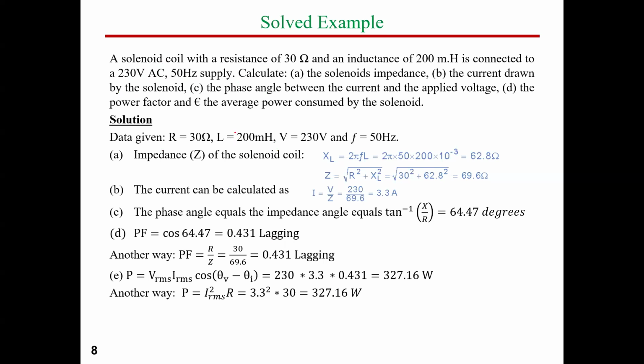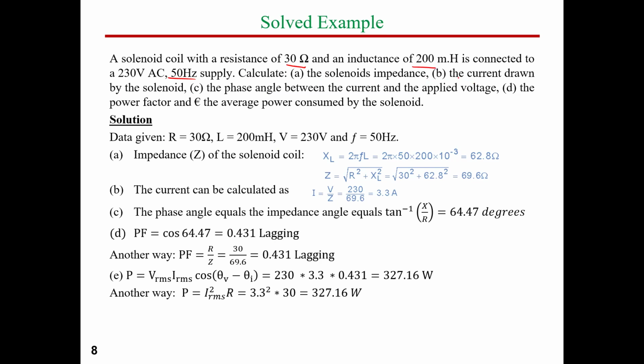So what is needed here? We need to calculate the solenoid's impedance. You have resistance, you have inductance, frequency is given. So it's easy to say the impedance is Z equals R plus jXL, and XL equals omega times L, omega equals 2 pi F. So it's very easy to calculate that one. This is the first thing.